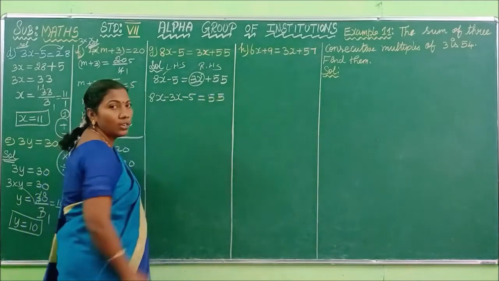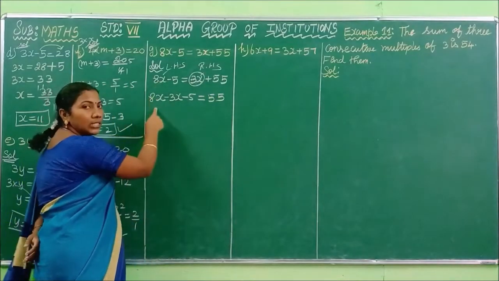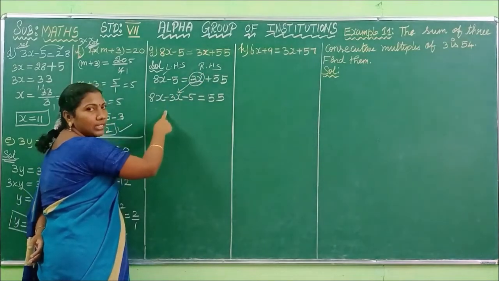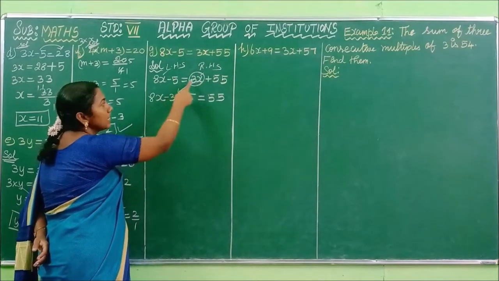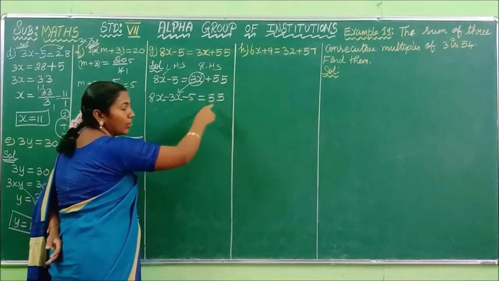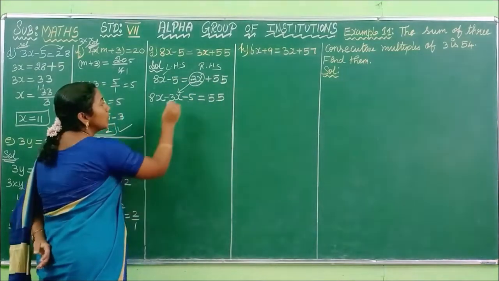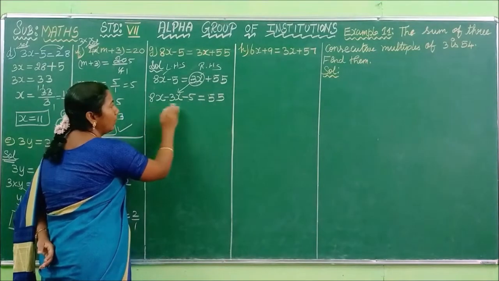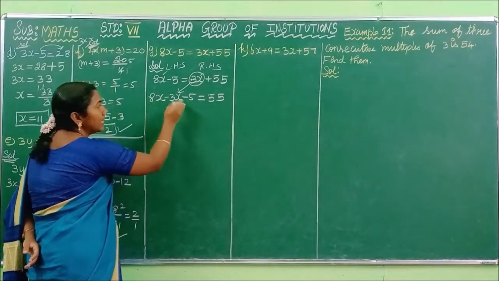You understand children? See here children. 8x. Now I am bringing 3x from RHS to LHS only. 8x minus 3x. Writing minus 5 as it is, which is equal to 55. It's clear. Next, we are going to send this minus 5 to that side after evaluating this. 8x minus 3x.